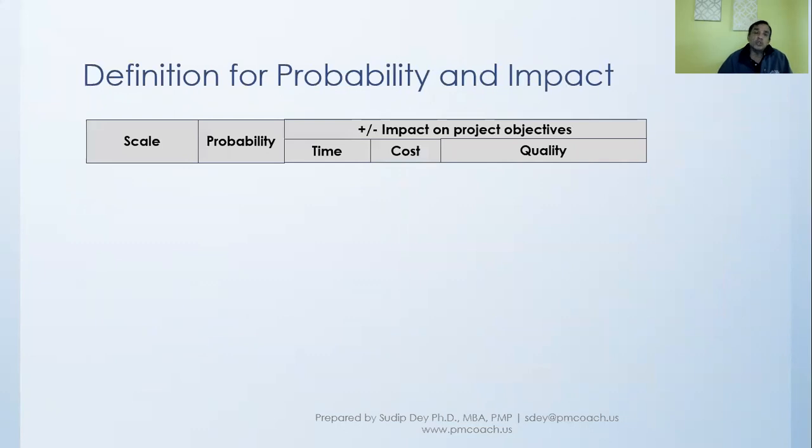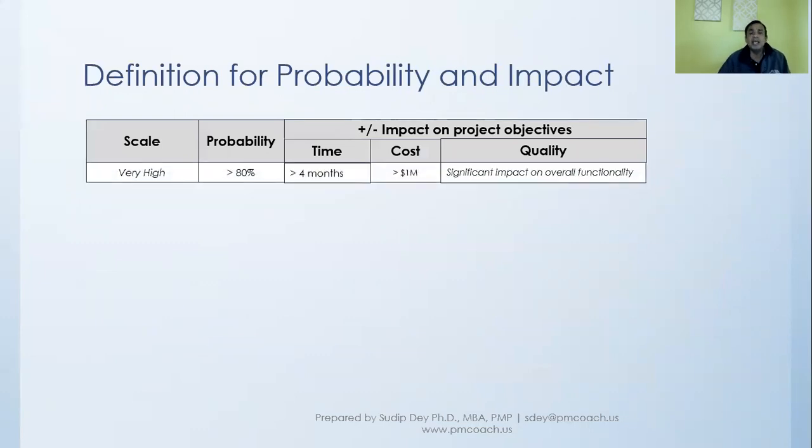And also the probability. So when do we say they're high? When do we say we can just ignore them? When do we say they're moderate? For example, we can say that if the probability is more than 80%, we are saying there's a very high probability. If the time delay, for example, is greater than 4 months, then we are saying that it is very high. Similarly cost, similarly quality.